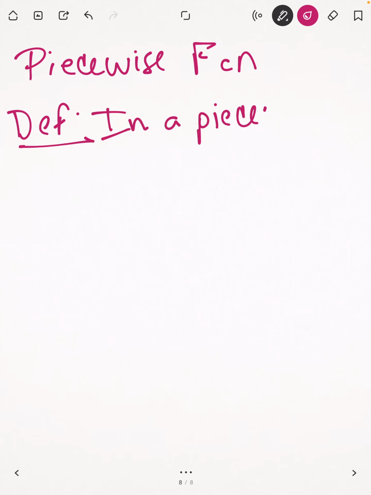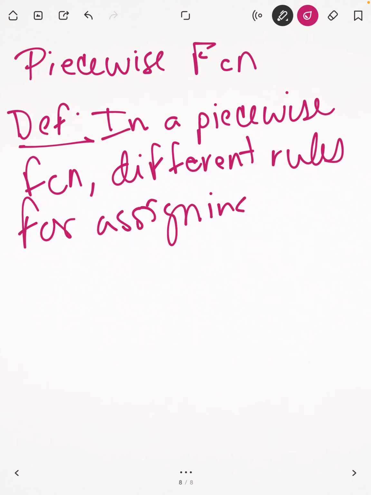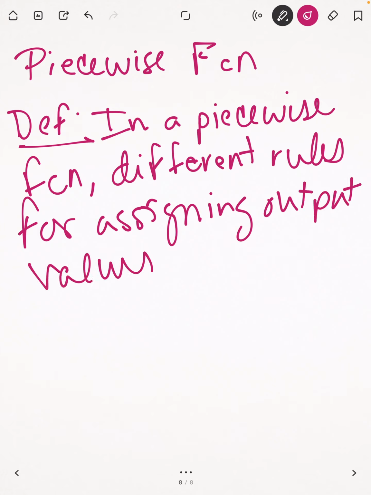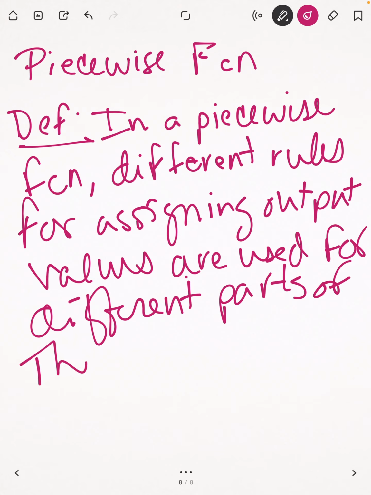In a piecewise function, different rules for assigning output values are used for different parts of the domain.